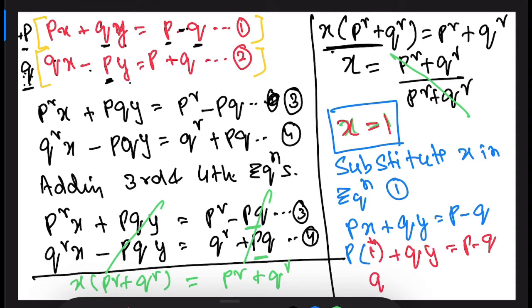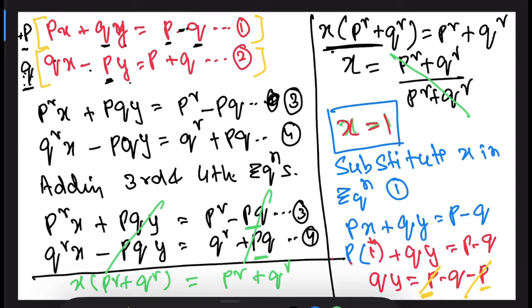So qy equals p minus q, and this p will go this side, plus will become minus p. Now this plus p and minus p cancel. This is plus p, this is plus p, this is minus p, get cancelled. So qy equals minus q.